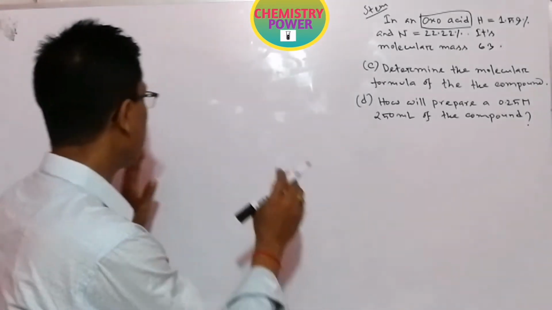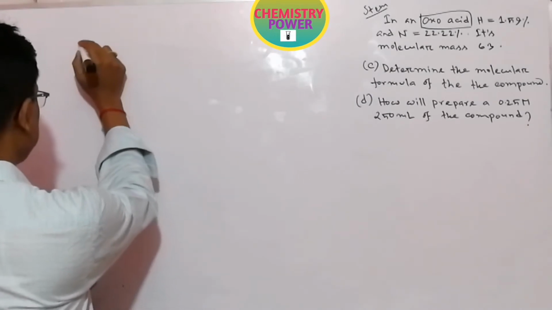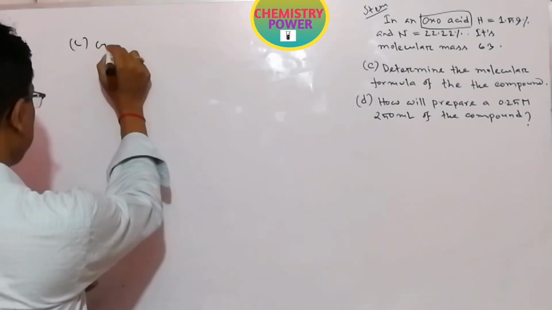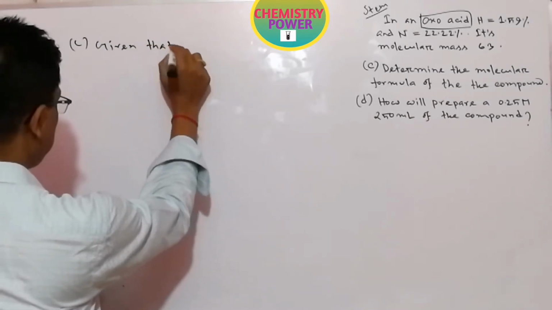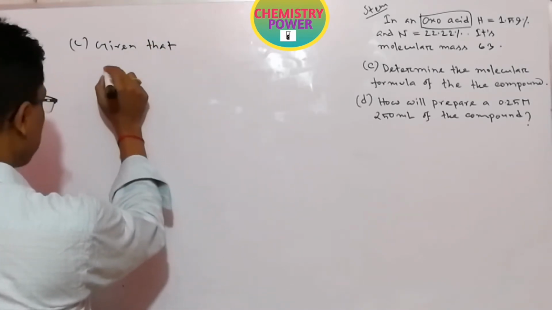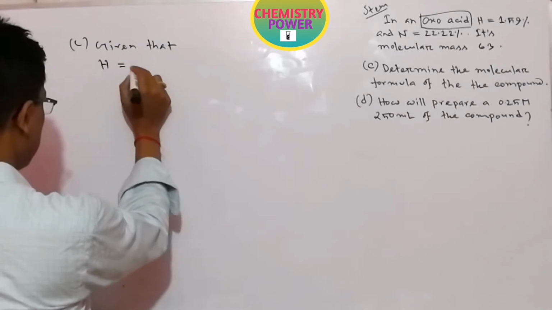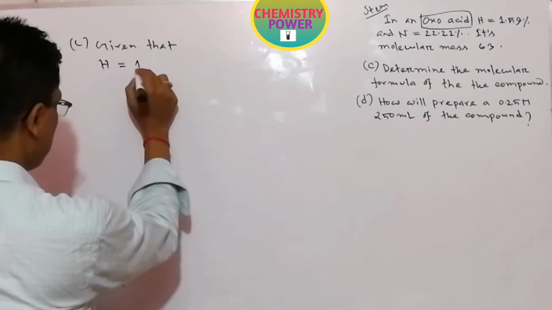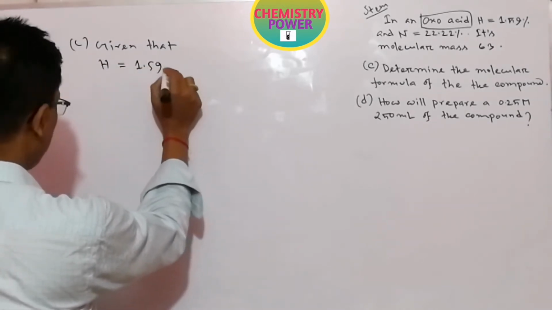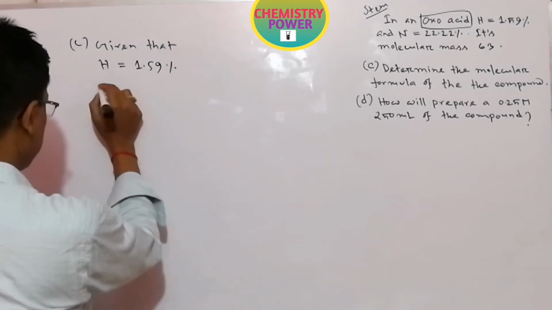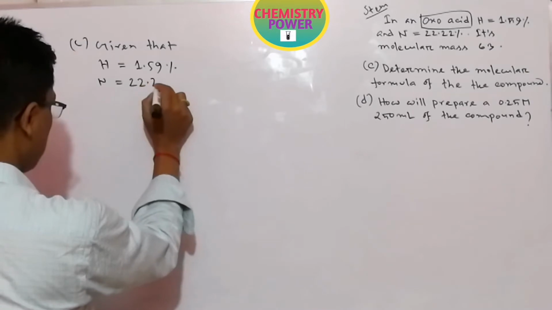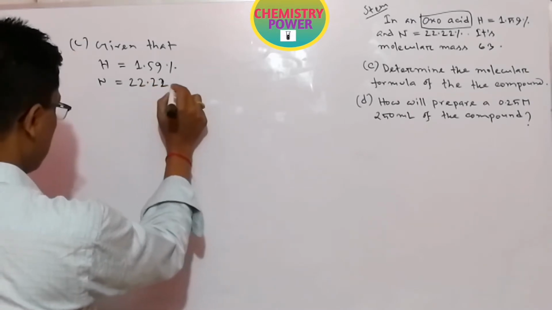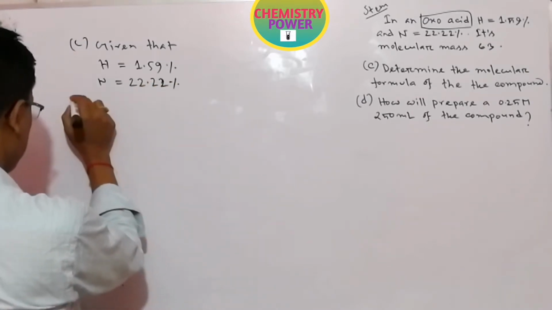So here it is given that hydrogen is equal to 1.59%, nitrogen 22.22%.